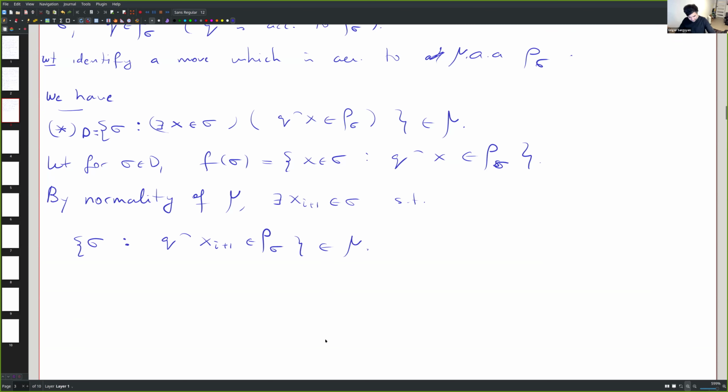Okay, so what does this mean? What this means is that we can play and produce an infinite sequence. So we can now get Q, which is an infinite sequence.